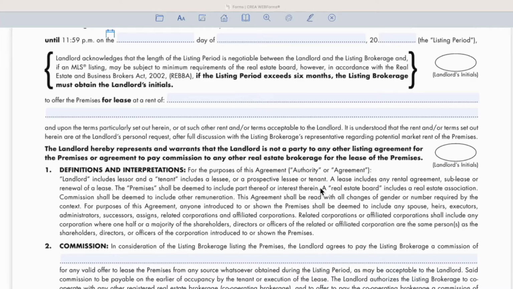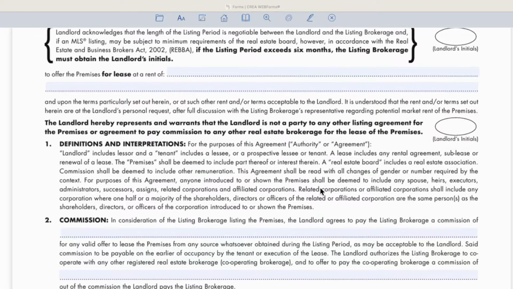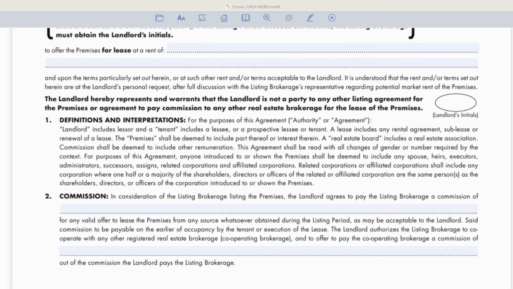And upon the terms particularly set out herein, or such other rent and other terms acceptable to the landlord, it is understood that the rent and the terms set out herein are at the landlord's personal request, and after full discussion with the listing brokerage, yada yada yada.